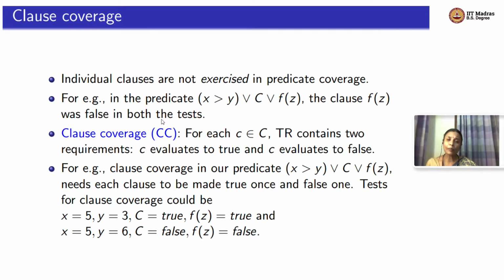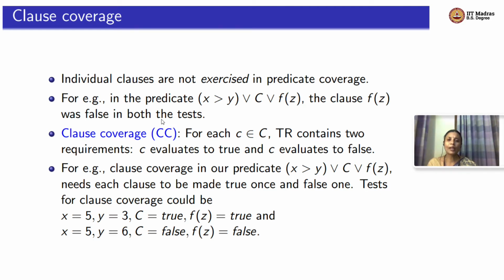So to overcome this drawback, we introduce a new coverage criteria. We say consider covering every clause. So that is called clause coverage. So for each clause that you collect from all the predicates in your software artifact, your test requirement contains two. Per individual clause, C, let C evaluate to true and let C evaluate to false.